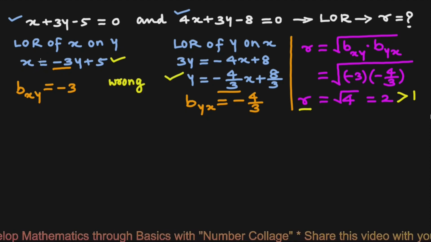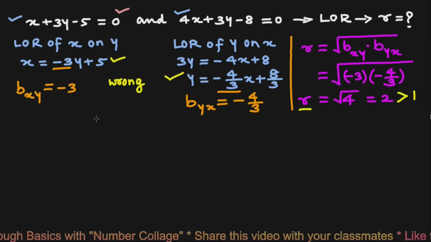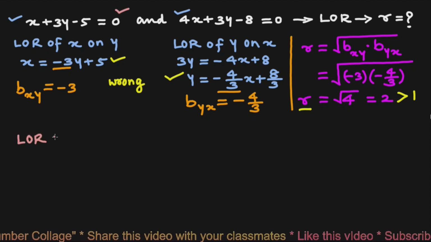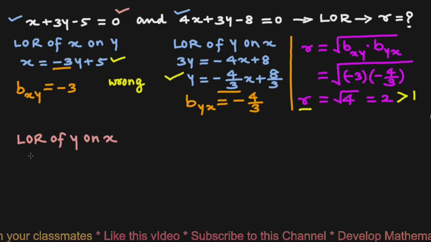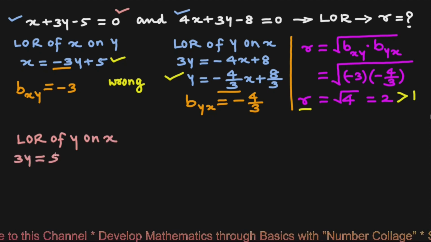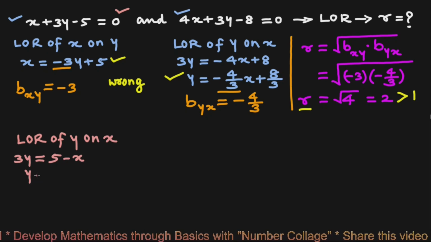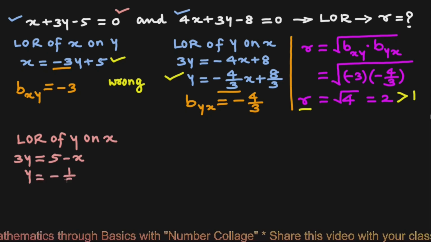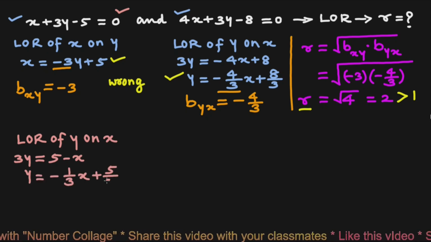Now we will consider this first line to be a line of regression of y on x, so that 3y will be 5 minus x, y will be minus 1 by 3 x plus 5 by 3.